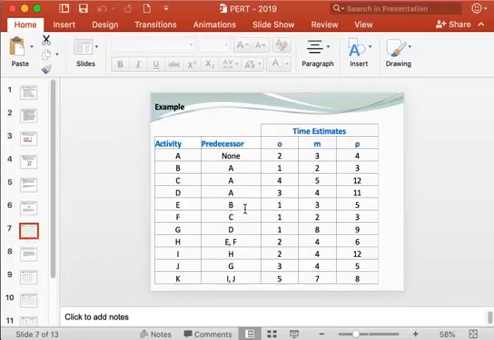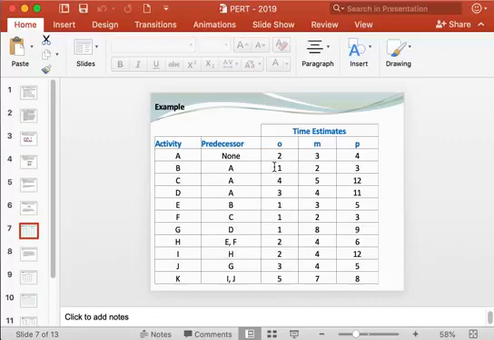So we can take this example here. You can see for each activity 3 time estimates are given. For activity A, optimistic time is 2, most likely time estimate is 3, pessimistic time estimate is 4, and so on. For example G, optimistic time estimate is 1, most likely is 8, pessimistic is 9, and so on.